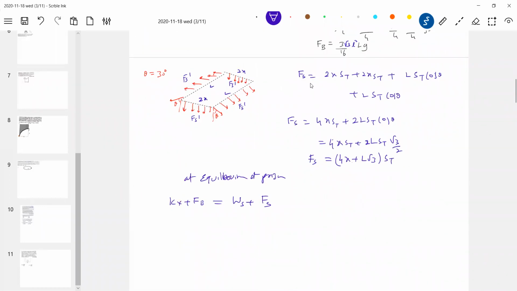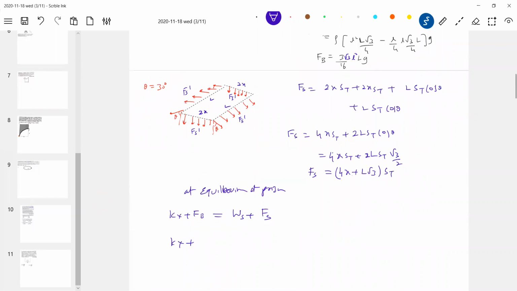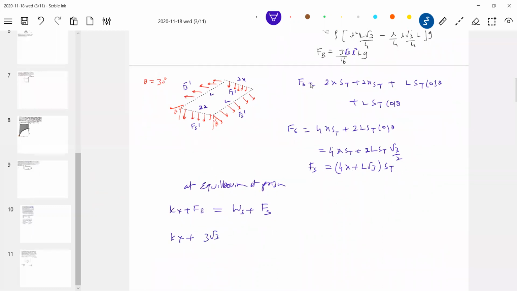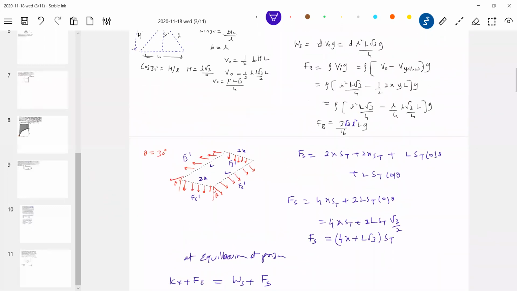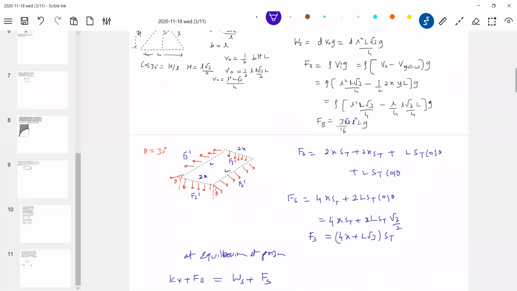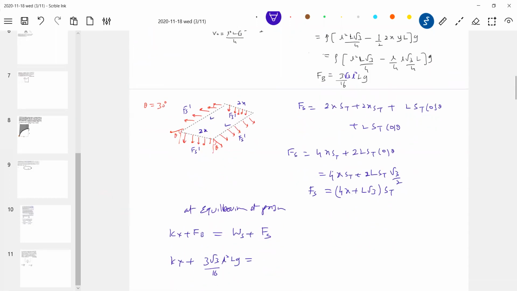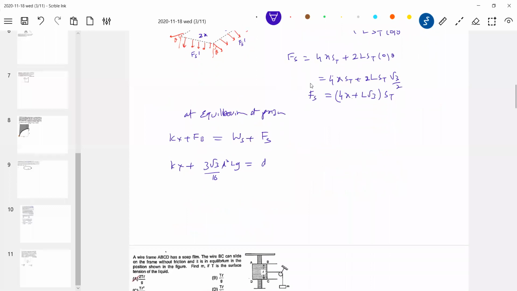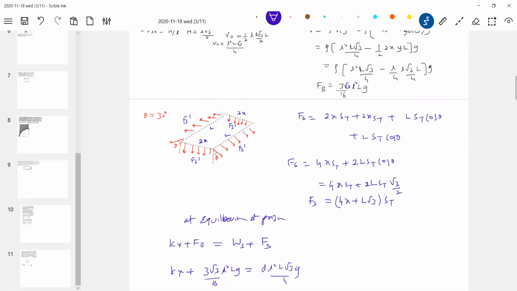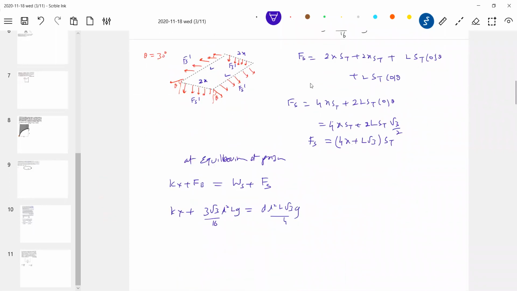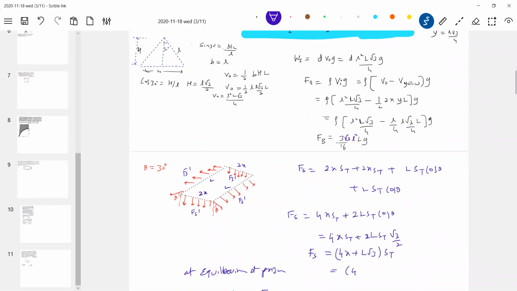Now substitute all: kx, buoyant force 3 root 3 by 16, weight of the solid, L square L root 3 into density. What is x? I think somewhere we calculated x, no?